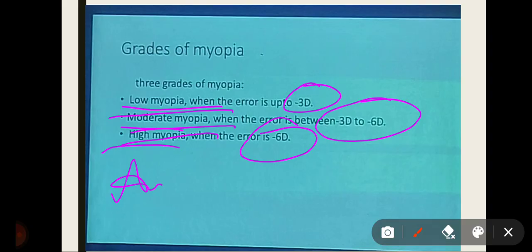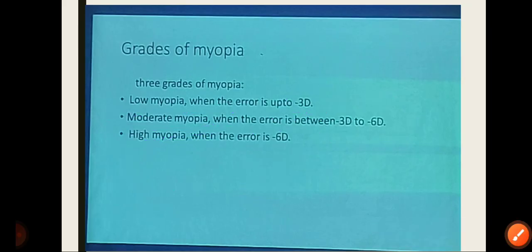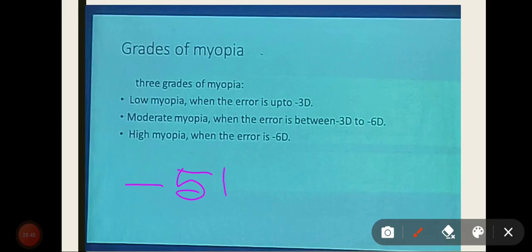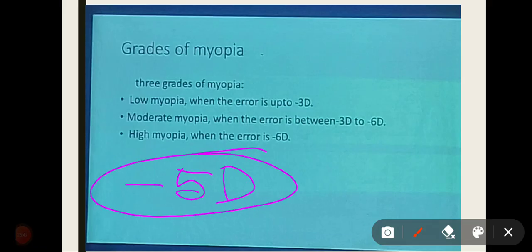So answer: if one has minus 5 diopters in one eye, what is the grade of the myopia? Obviously, it will be moderate myopia.